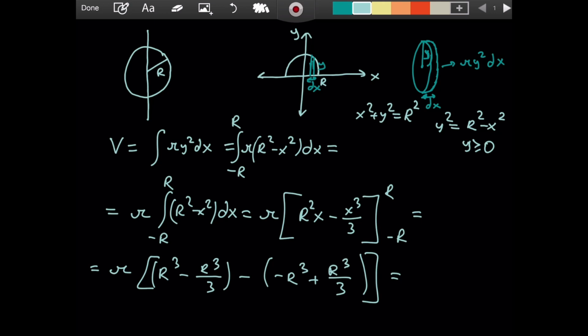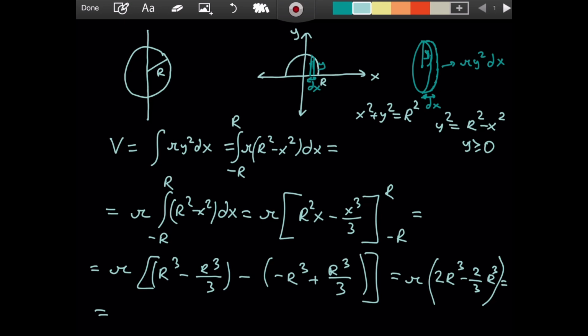So let's see, what do we have? If we distribute this negative sign, we're going to have 2r cubed minus 2 over 3 r cubed.